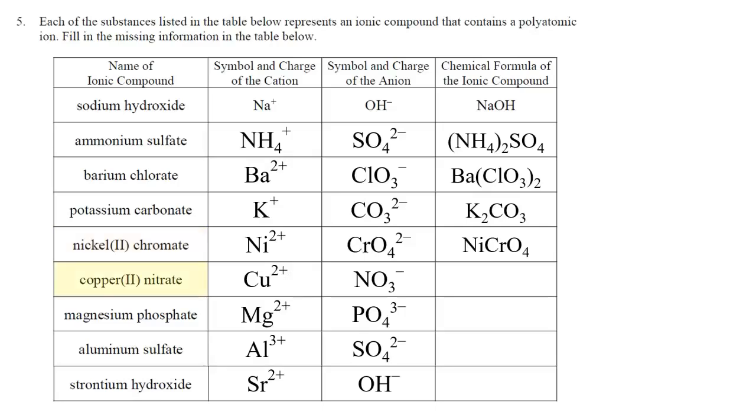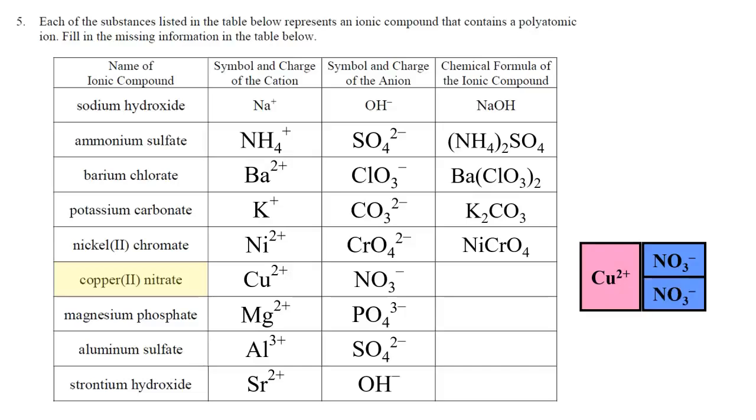In our next example, we have copper, which happens to be +2, and we have nitrate, which happens to be -1, and so I will need another nitrate ion in my formula to balance the overall charges. So I'm going to do the same thing I did with barium chlorate.